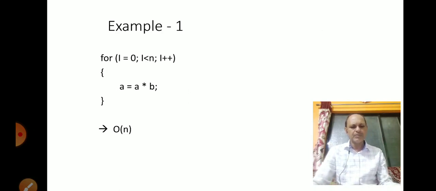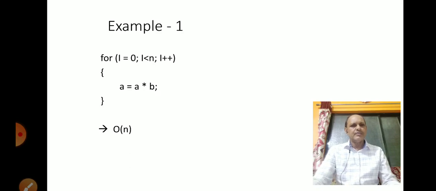Take the first example. In this example, the loop executes n times. Actually, it executes n plus 1 times, because it starts from 0 and it takes one more execution to come out of the loop.